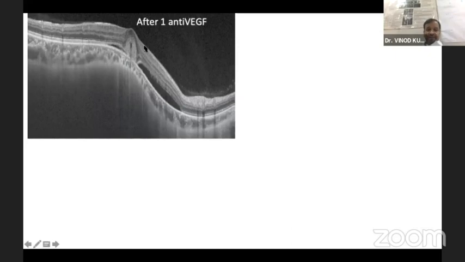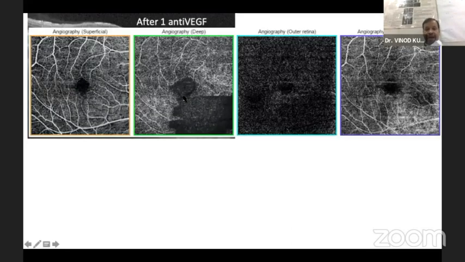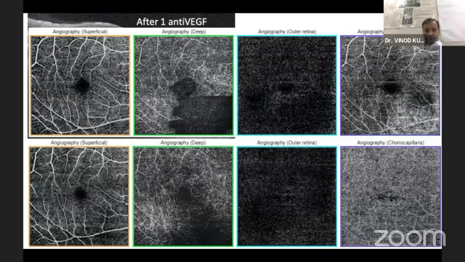We again gave this patient anti-VEGF, and in fact the fluid increased. At this juncture, we did OCTA, and OCTA did not show any CNVM complex at all, and this remained the same even some time later.